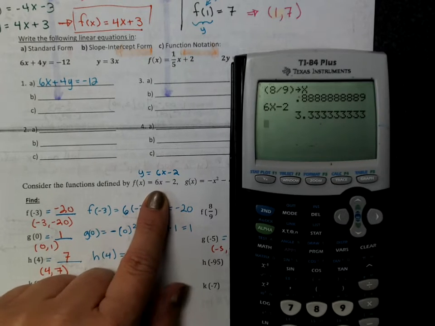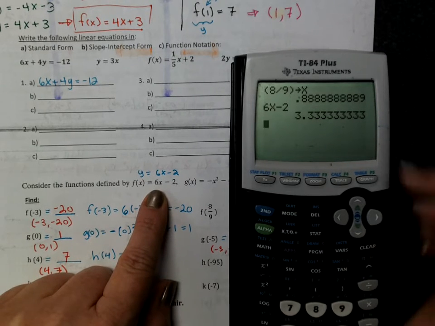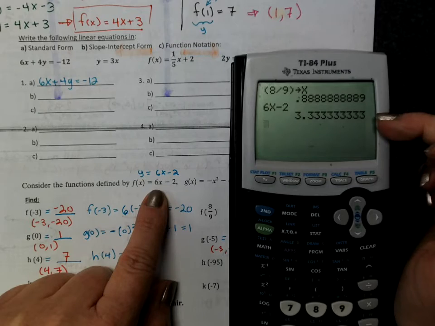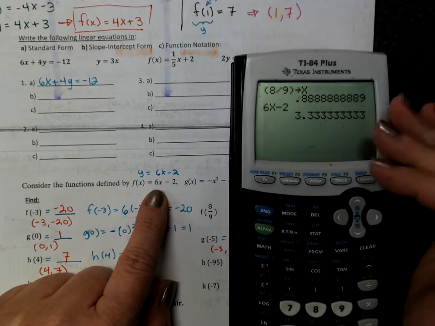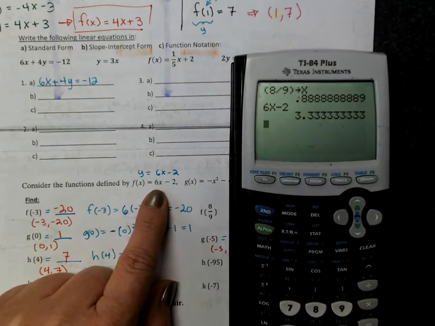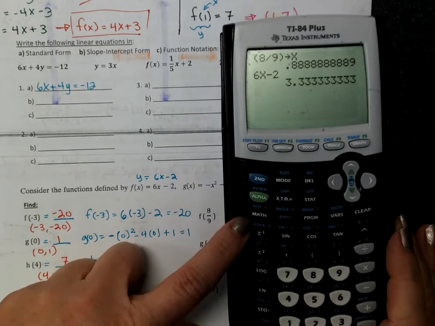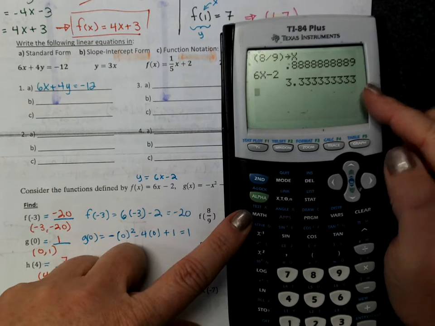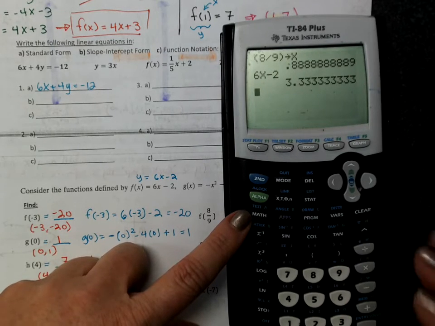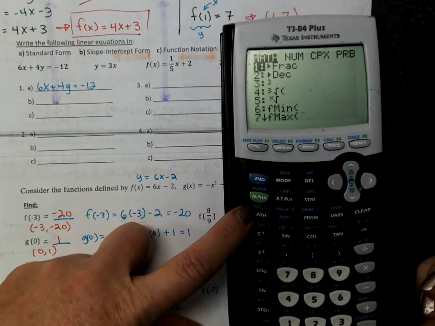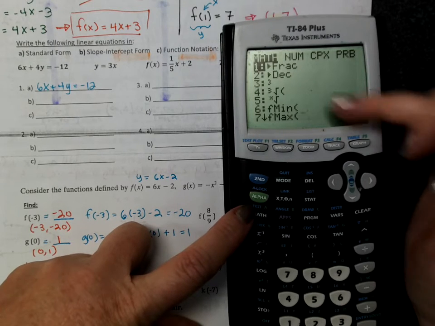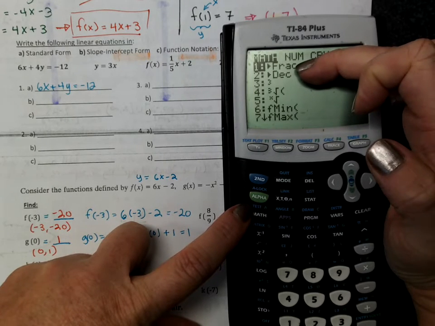Now, I don't want decimal answers, though. I'm glad this came up, actually. I don't want a decimal answer, because that's repeating, and I'm not dealing with that. I need exact answers. So if you haven't done this before, this is a very useful button. The math button: if you get a decimal answer, I want you to give answers in fractions, in general lowest terms fractions. Push math, and then enter, because once I push math, see how it says fraction?